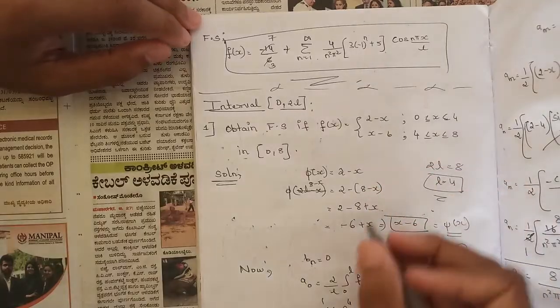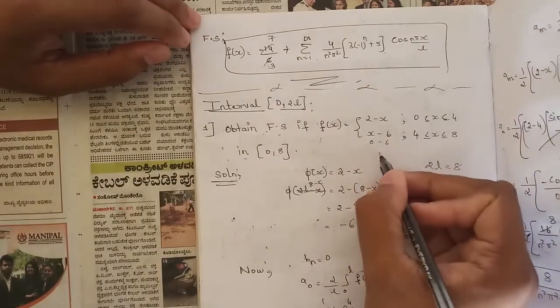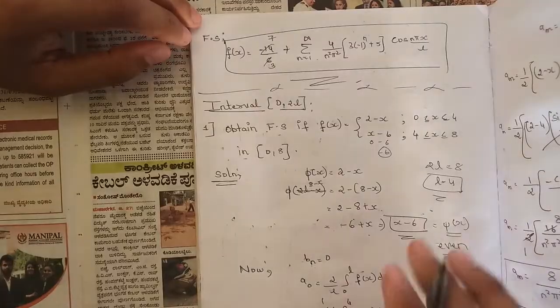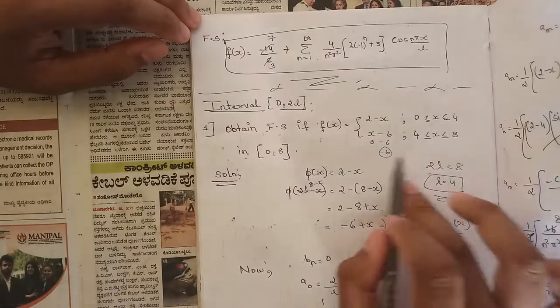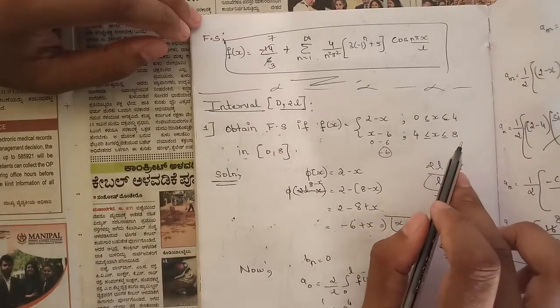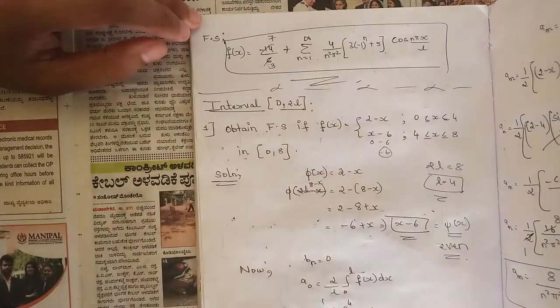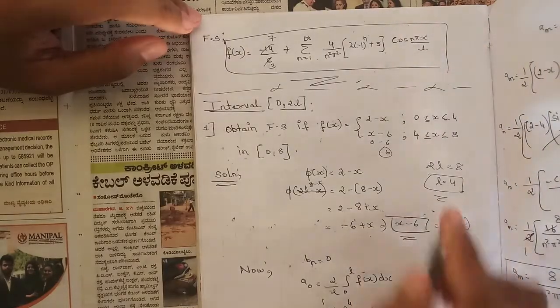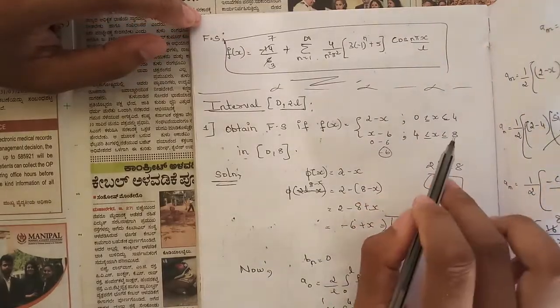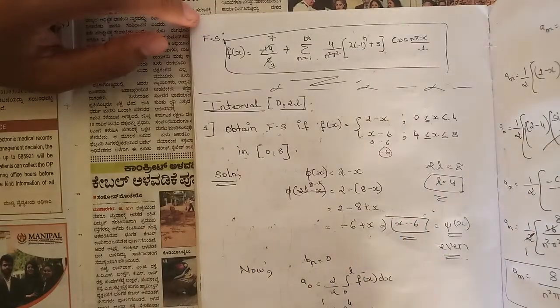We are taking the value of x as 0, it becomes 0 minus 6, the answer is minus 6. Does minus 6 lie between 4 and 8? No. So while substituting x as 0, the condition does not satisfy, so we need to ignore that term.